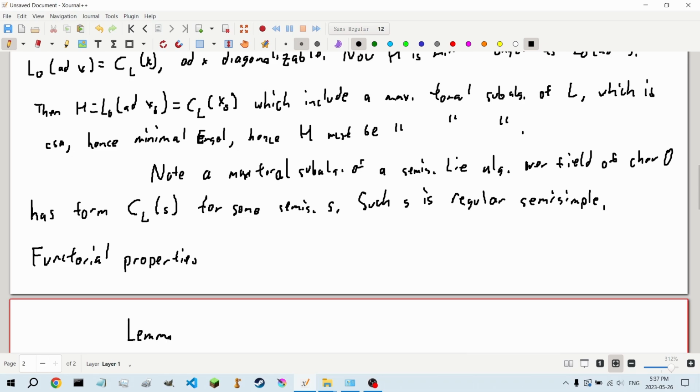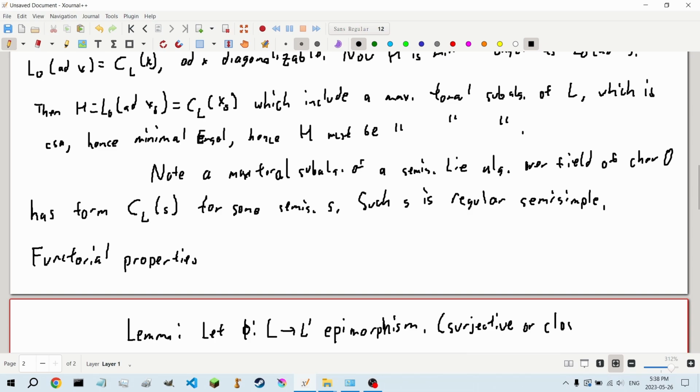First off, let phi from a Lie algebra L to a second Lie algebra L prime be an epimorphism, which I believe in this context means it's surjective.